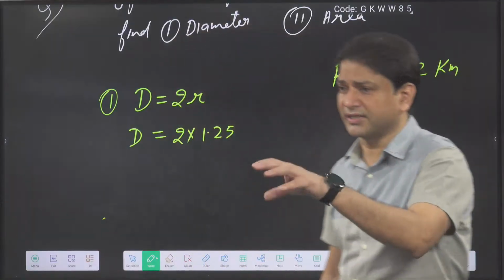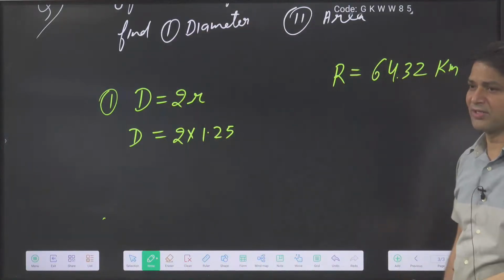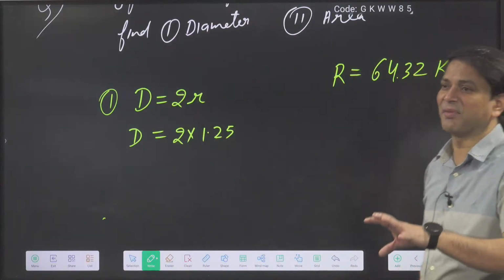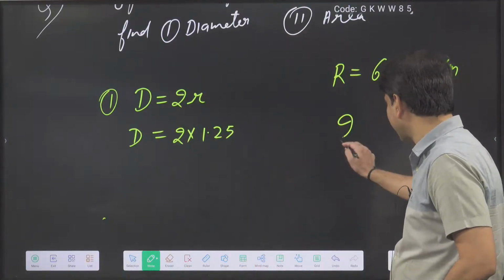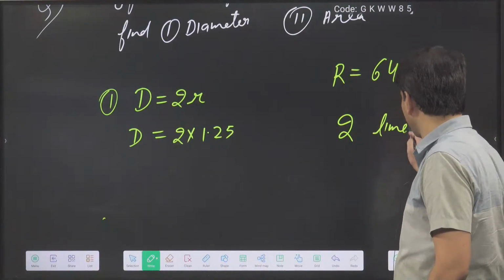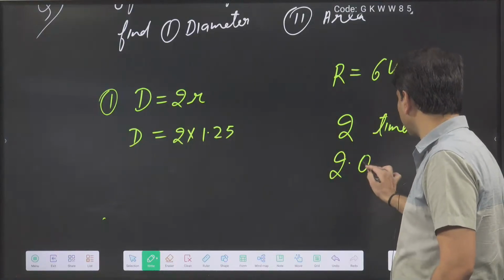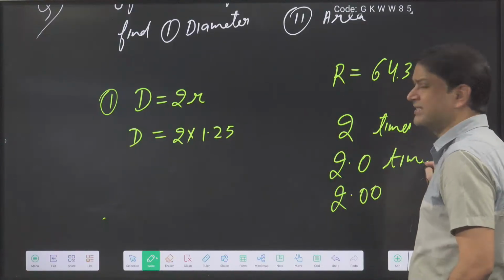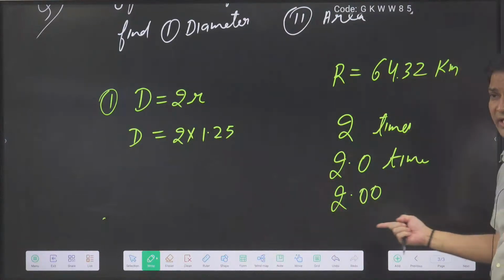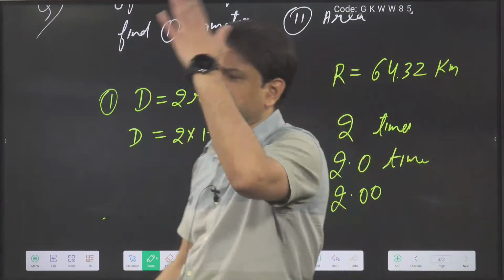Then I can write 2 times, or I can write 2.0 times, or I can write 2.00 times. Ultimately, any number of zeros I can put.